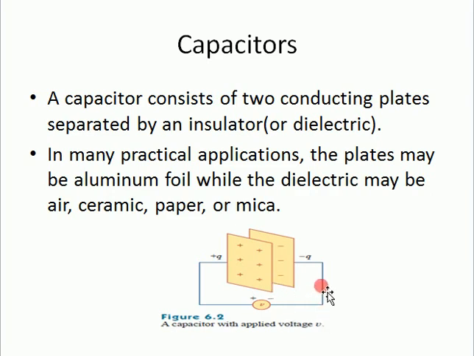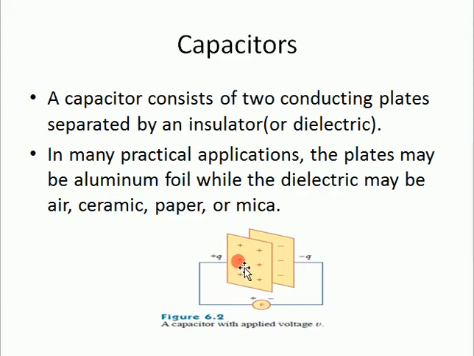Now you see that these two plates are connected to a voltage supply V. The positive charge of this supply is deposited at the plate connected to the positive terminal, and the negative charge is deposited at the plate to which the negative terminal is connected.